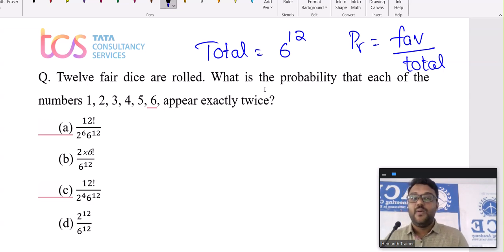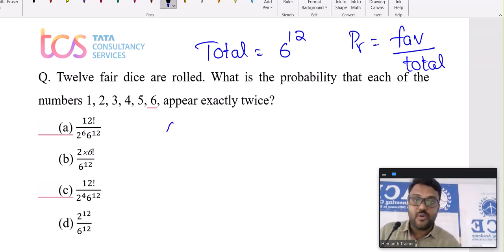Now they said, what is the probability that each of the numbers appeared twice? Two times here. Total outcomes are how many? When I'm tossing a coin and rolling a die, in each outcome there are two things. Now when I roll 12, I have 12 things. I got 12 results at a time.